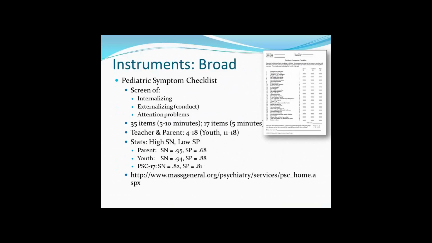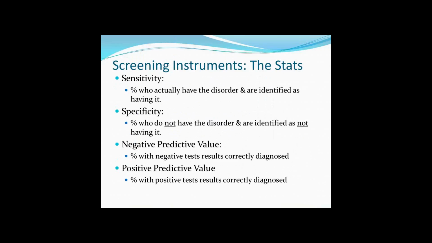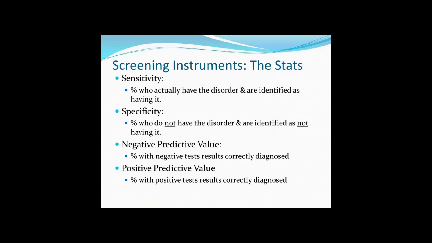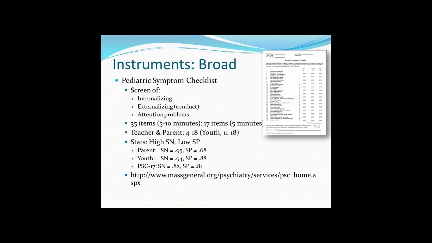And if you look here as far as the stats, again, it has good sensitivity, 0.95, and you want to look for low specificity, meaning that it's being accurate in what it's trying to predict. So the parent can answer it.